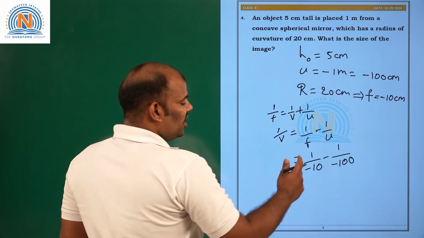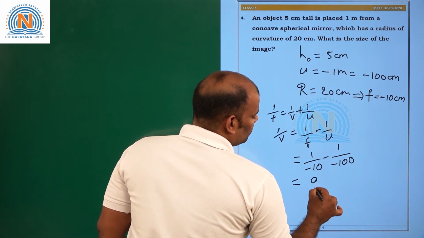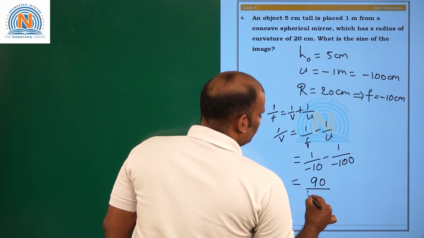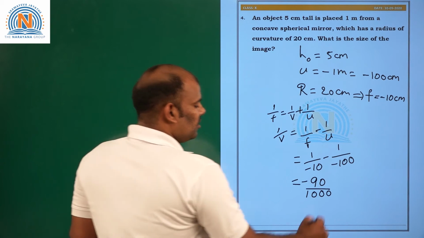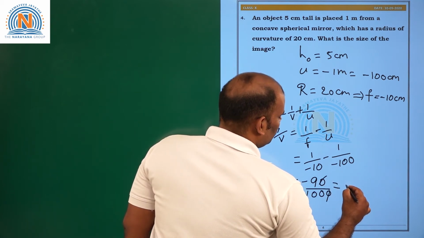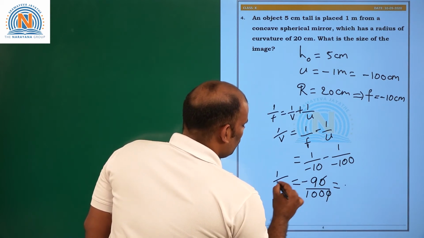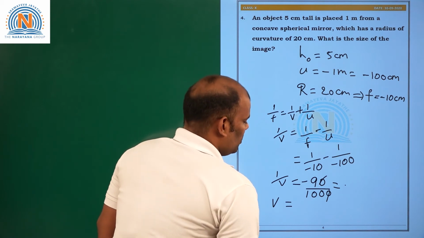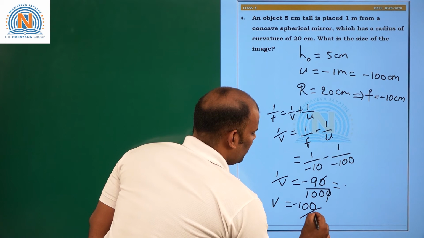So finally you get minus 90 by 1000. So this is 1 by V. So V is equal to minus 100 by 9.